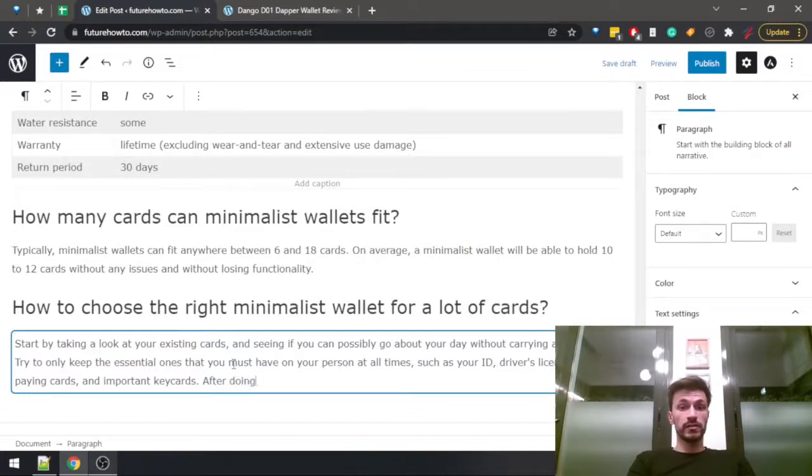After doing that, take note of the number of essential cards.